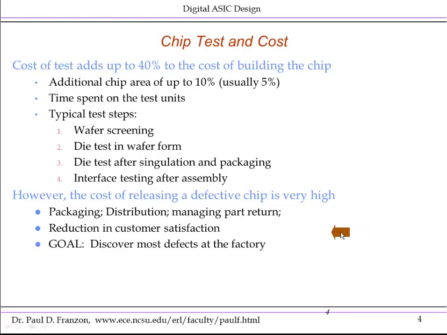In addition, there are intangible costs. You get a reduction in customer satisfaction if the customer bought a batch of chips that are bad, or a batch of chips in which many were bad. And that can lead to loss in future sales and future profitability. So our goal is to discover the vast majority of potential defects at the factory.